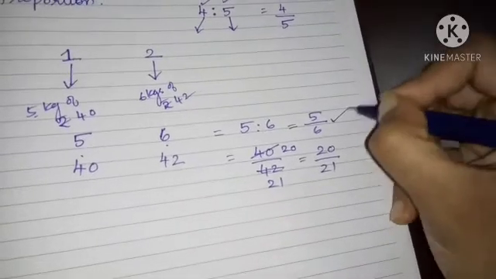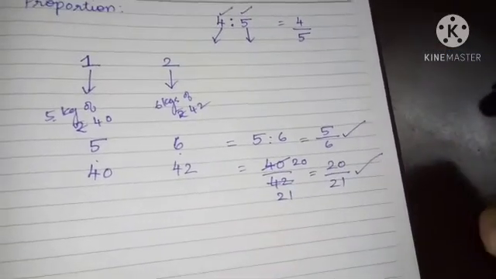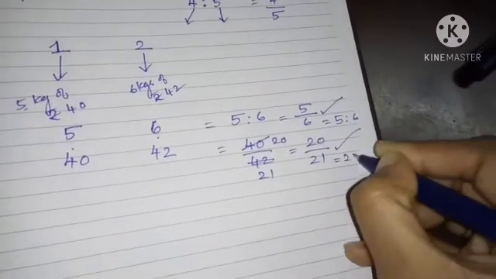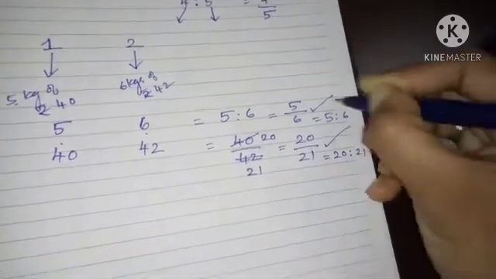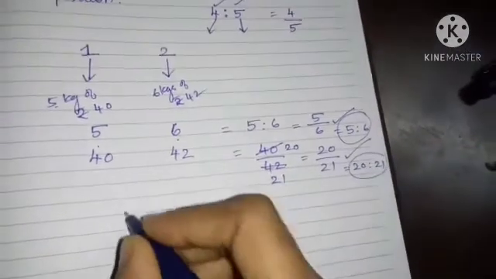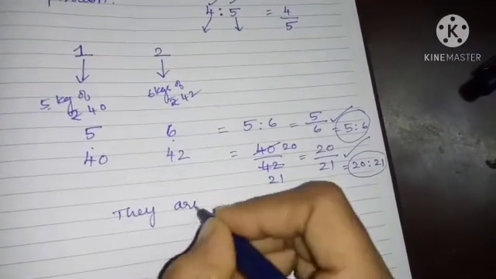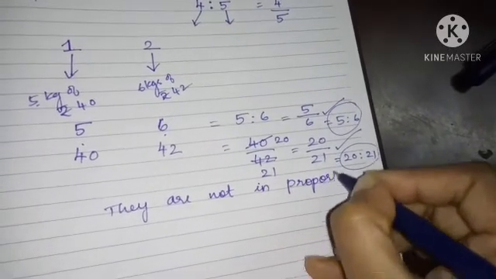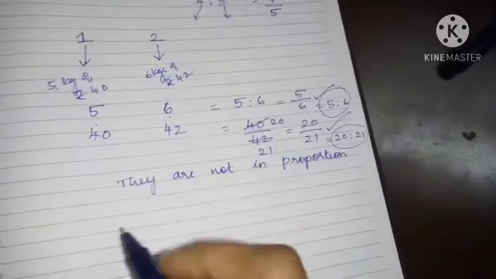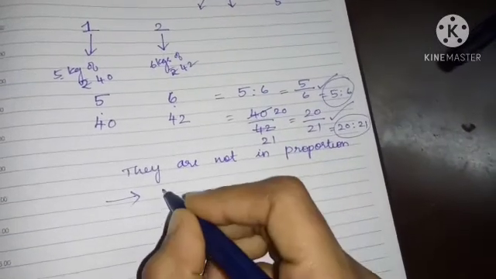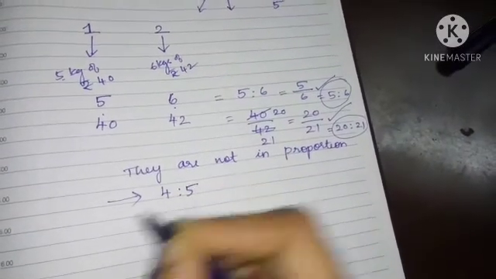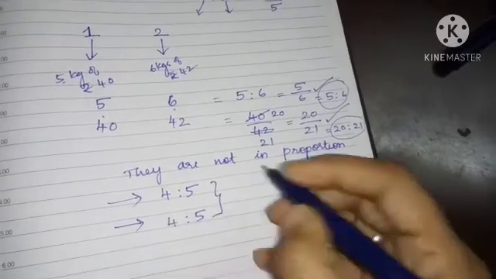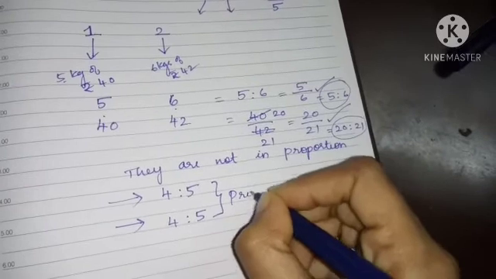So actually this is different, this is different. This can be written as 5:6, and this can be written as 20:21. So both the ratios are different, so they are not in proportion. When the ratios are equal, for example, if in one quantity comparison we got the ratio as 4:5, and in another quantity comparison we got 4:5, then we say that both are in proportion.